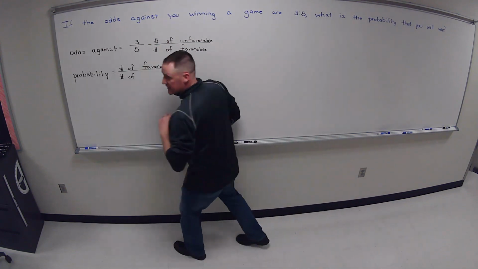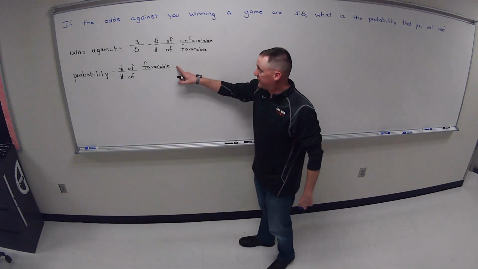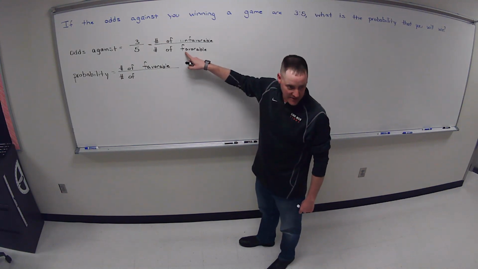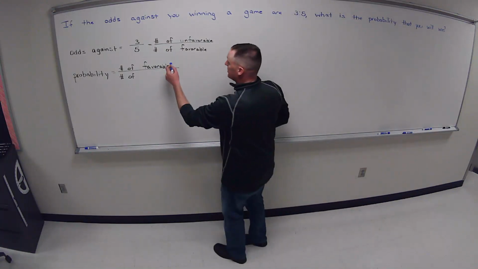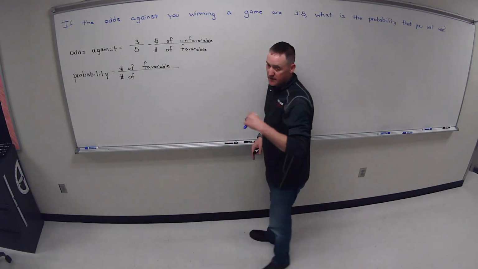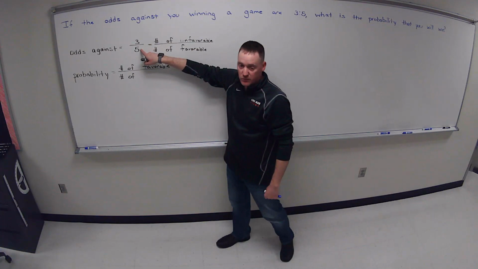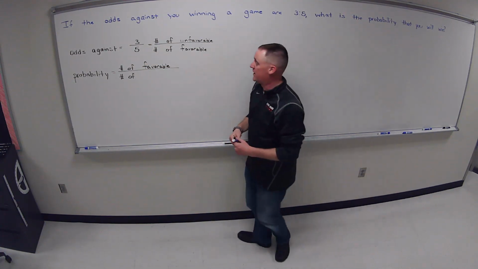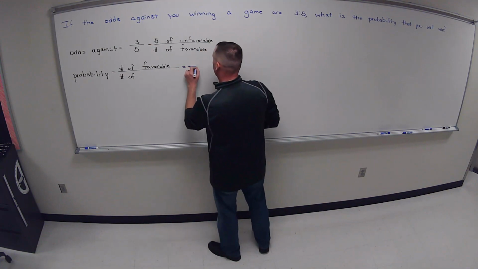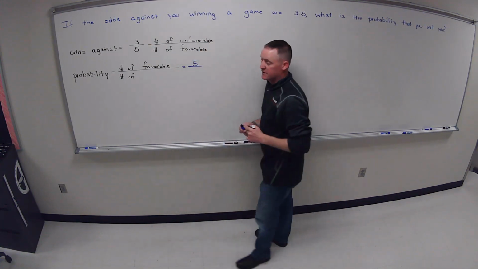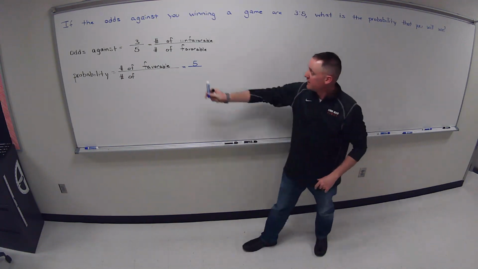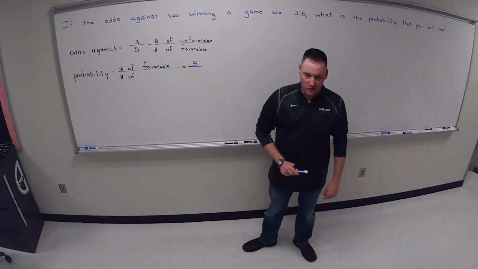My answer needs the number of favorable outcomes, which is already shown in my odds against problem, isn't it? So these two things are in common. The denominator of this one will become the numerator of that one. So right off the bat, I know this is going to have to be a 5, because literally they are talking about the exact same thing: number of favorable, number of favorable.